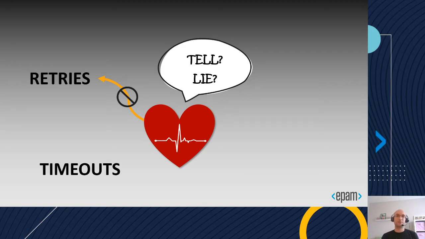Now, timeouts are something that I think is mandatory. If your health check period is configured to 10 seconds, why go out with something that has a timeout of 30 seconds? It's just going to mess up your data and your responsiveness.